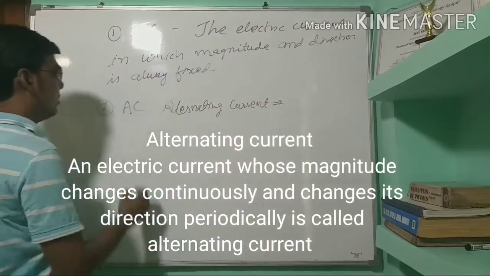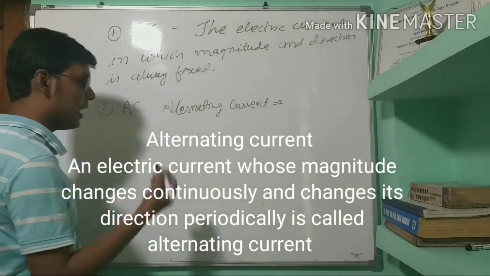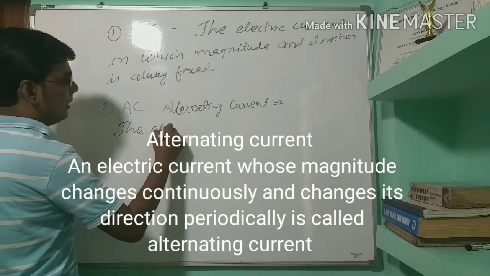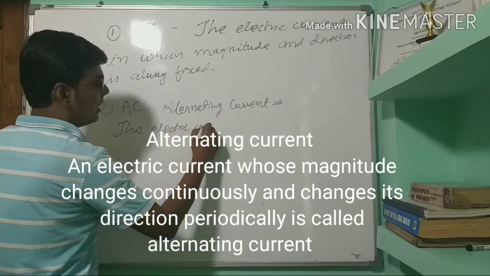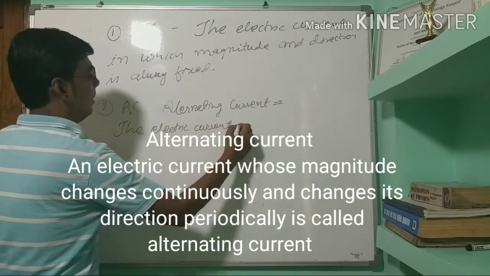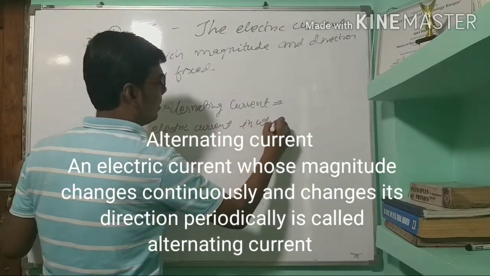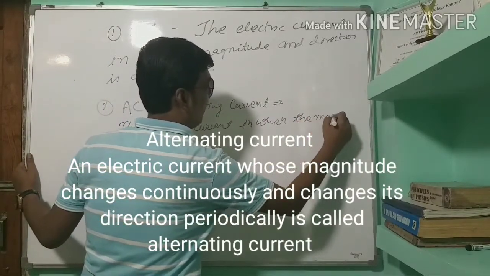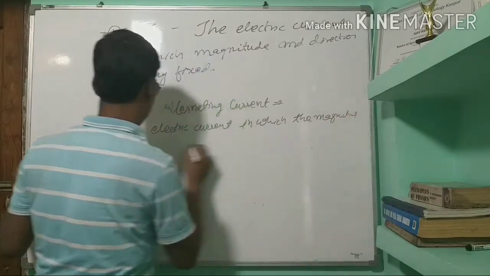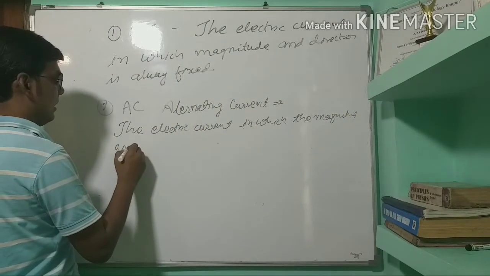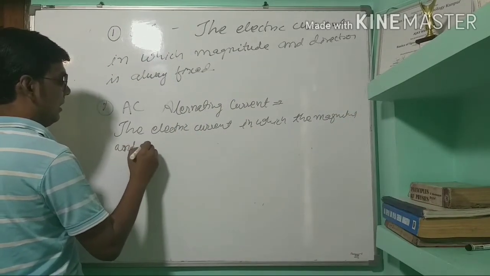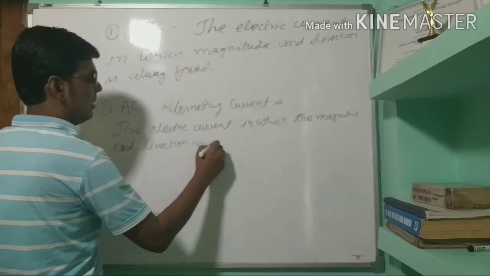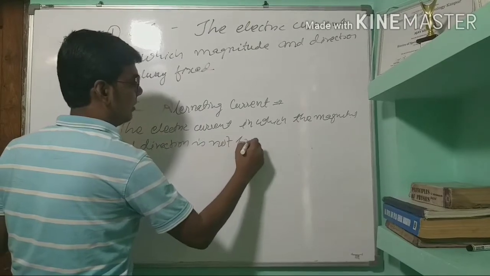Alternating currents are those in which the direction as well as magnitude are always changing. The electric current in which the magnitude and direction is not fixed.